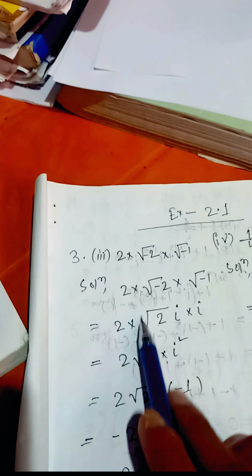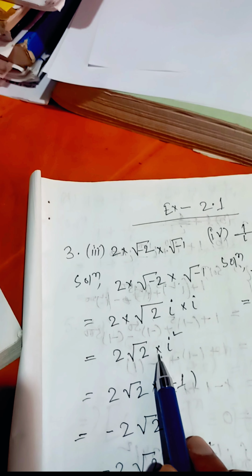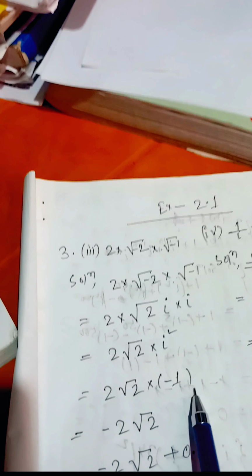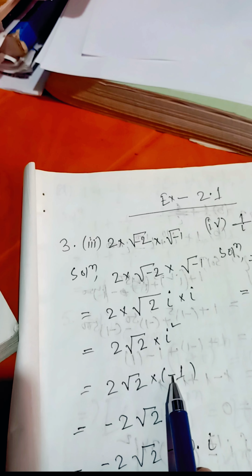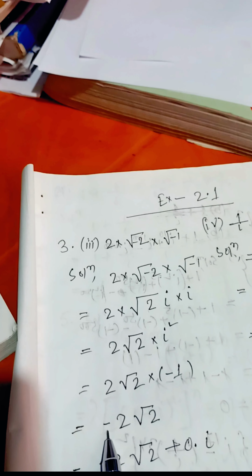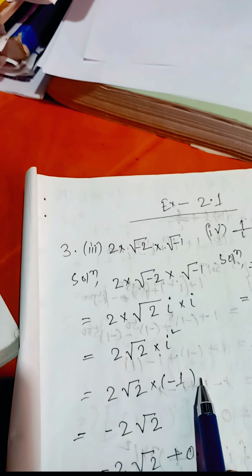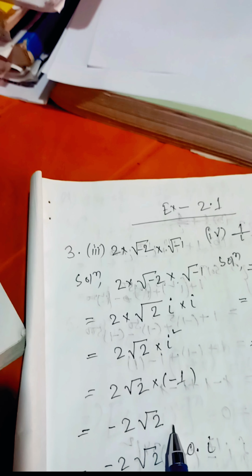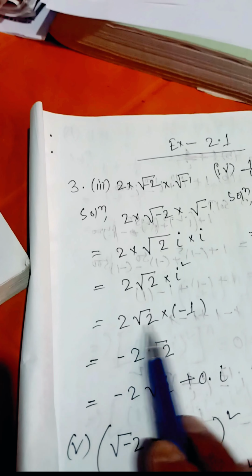So 2 into root 2 is 2 root 2, and iota into iota is iota square. The value of iota square is minus 1. Multiplying plus into minus, we get minus, and 2 under root 2 multiplied by 1 equals 2 under root 2. So the answer is minus 2 under root 2.